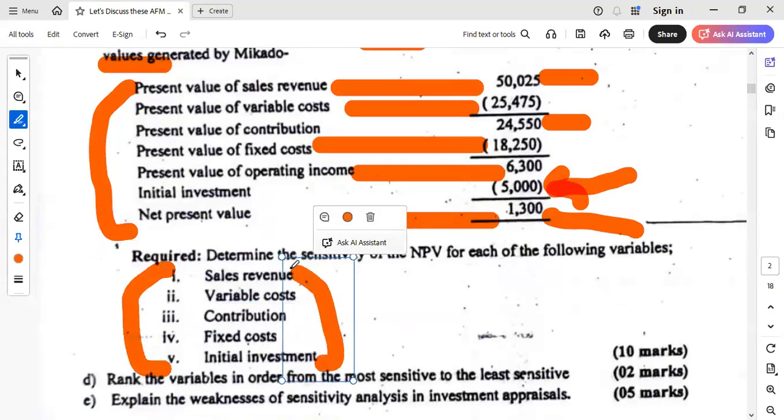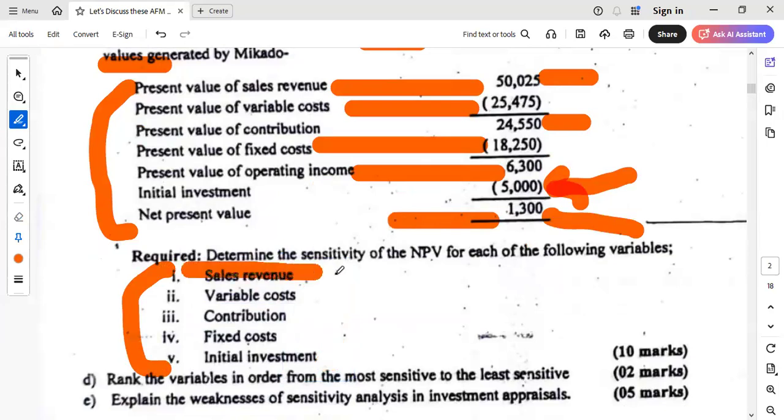Each one of these is a test variable. So if you are looking at variable costs, the test variable will be variable cost. So you will be asking yourself, what is the present value of the variable cost?